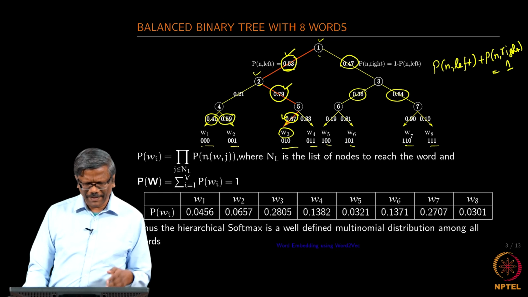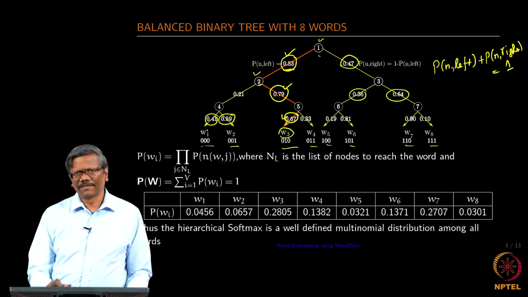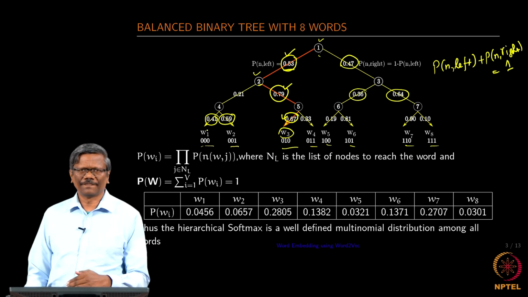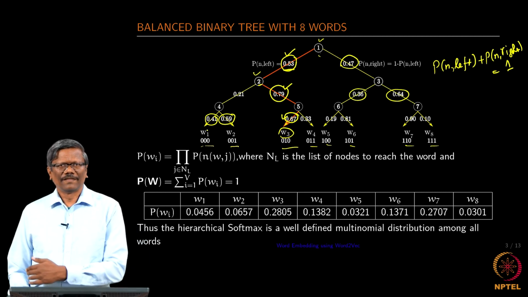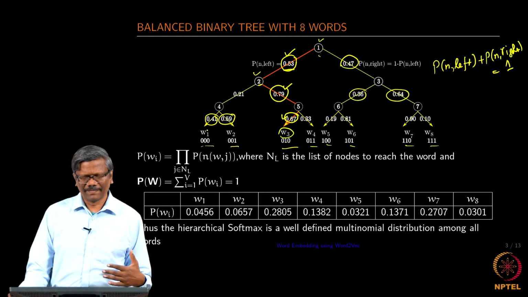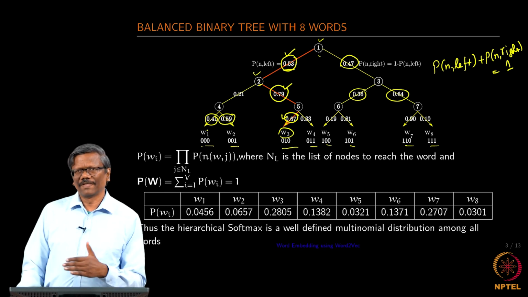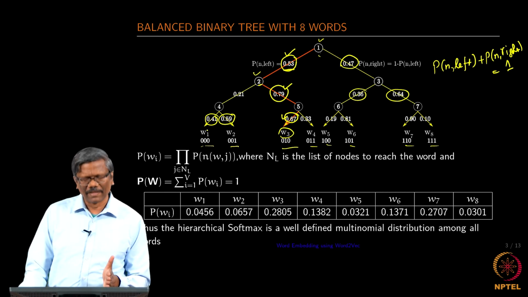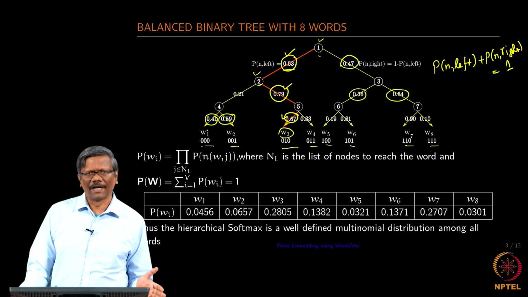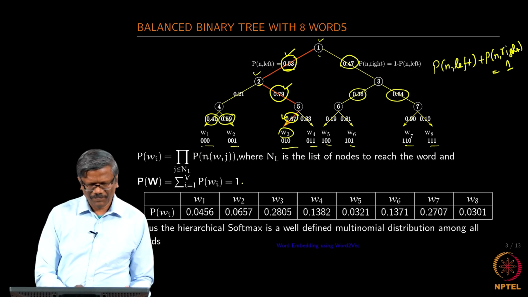So, we need to finally figure out whether the probabilities of all these words really add up to 1. If it adds up to 1, then we have really achieved the goal of what softmax has achieved, and it is very easy to prove that it really computes the values of all the words, and if you add each one of them at the end, you will end up with 1.